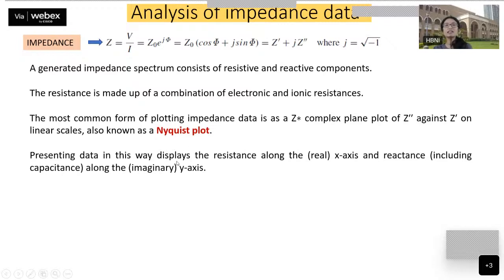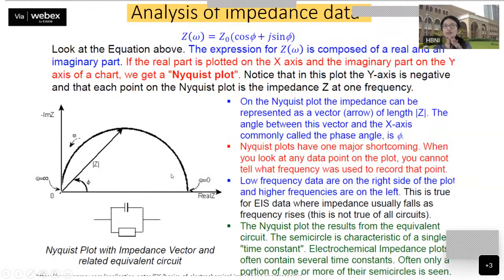Presenting data in this way displays the resistance along the x-axis and the reactance, including the capacitance, along the imaginary or y-axis. As I go further into the other slide, this will become more and more clear. If you look at the expression above, the expression for Z(ω) is composed of a real part as well as an imaginary part.